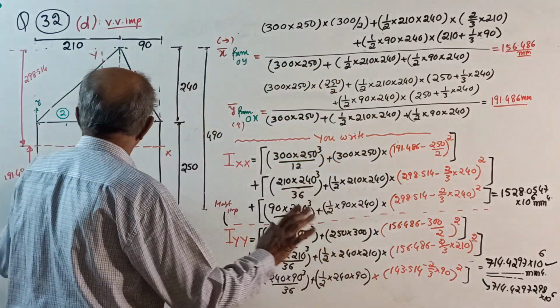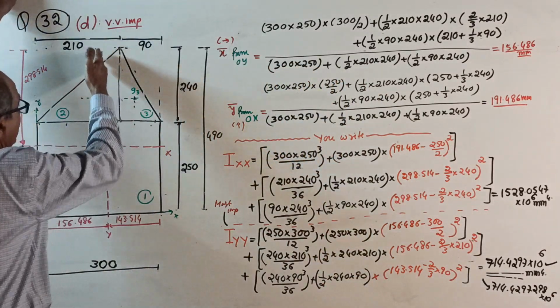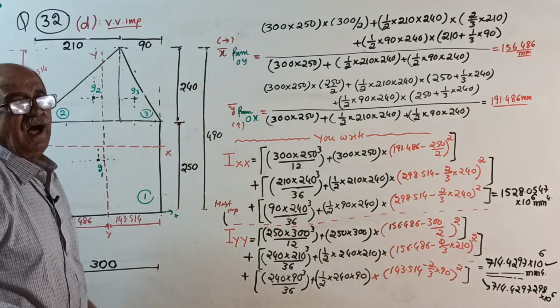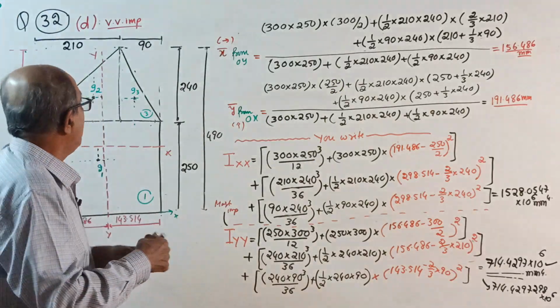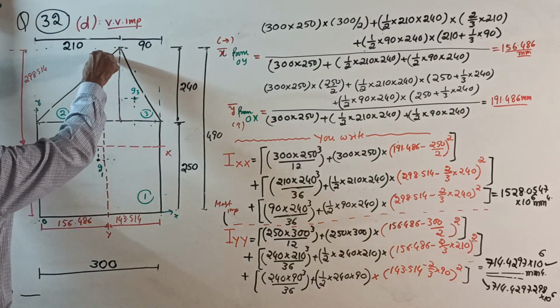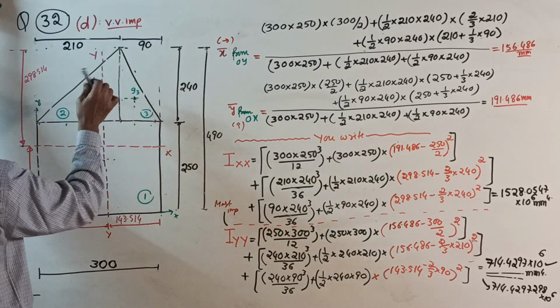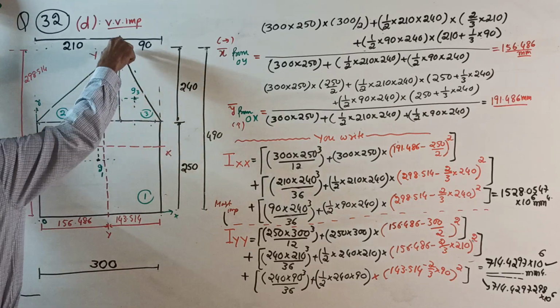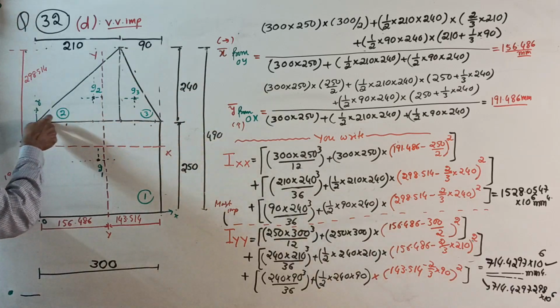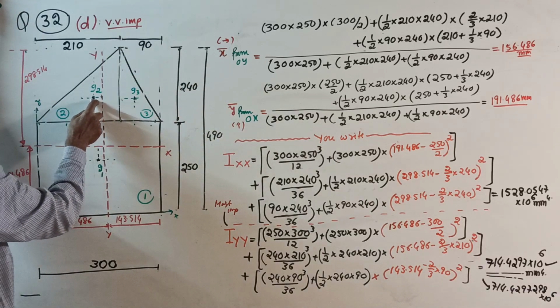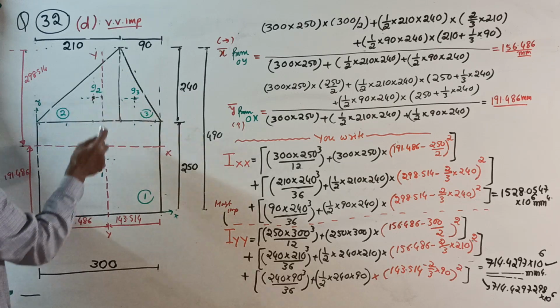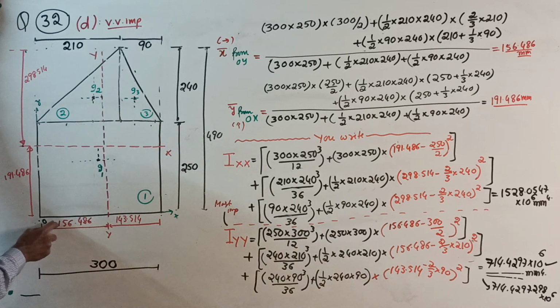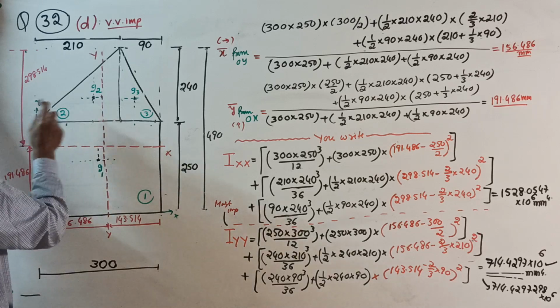Now once again, when you find IYY for a rectangle, I need not explain. For the triangles, when you want I about YY, for two separate triangles, I about its own axis is 240 into 210 cube by 36, plus area into this distance square, 156.486 minus 2/3 of 210.